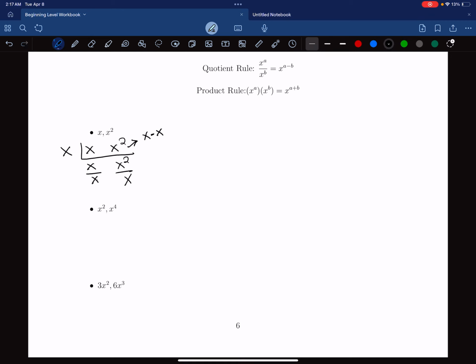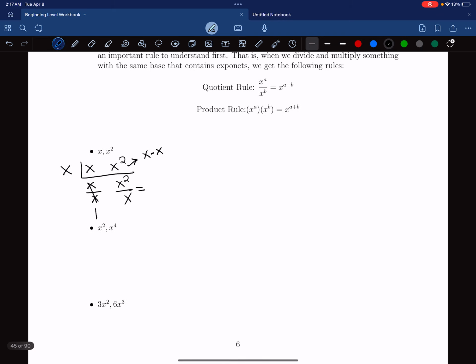x divided by x, these two actually just cancel out, and then you'll be left with 1. And x squared divided by x, well, as we see here, we have two things being divided. So we're going to use this quotient rule here. So we have x squared, and then this x here basically has an exponent of 1.